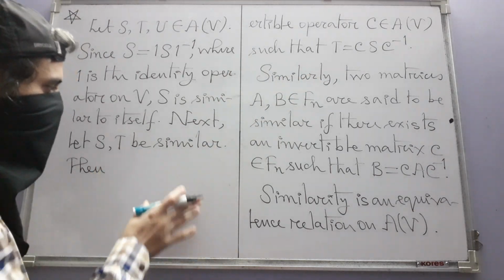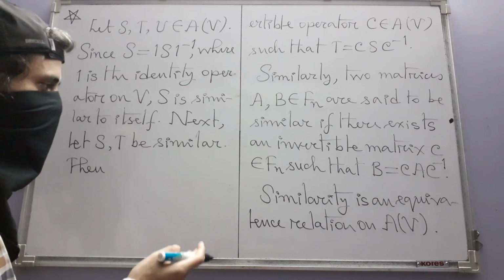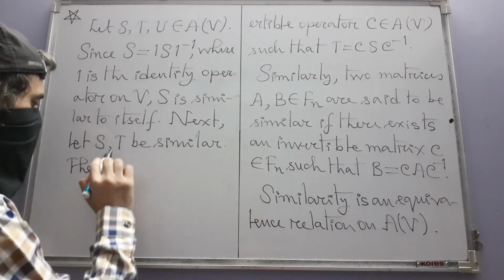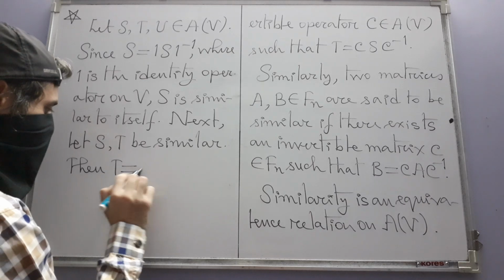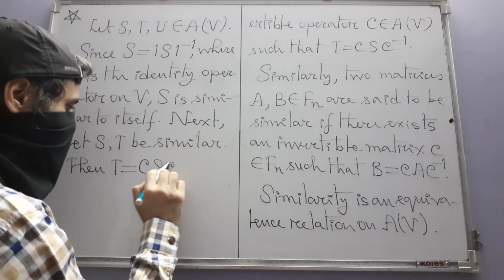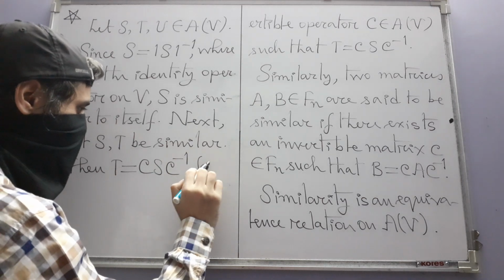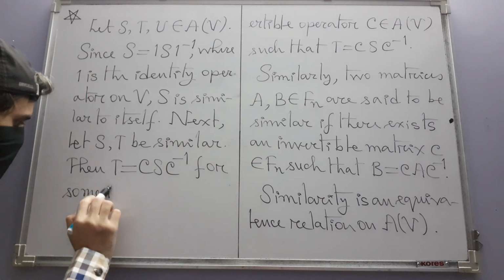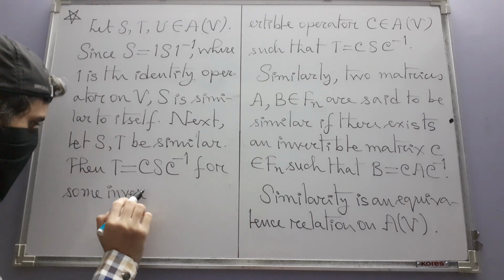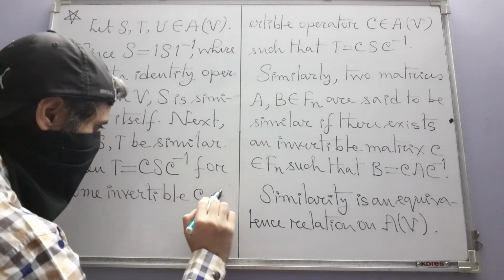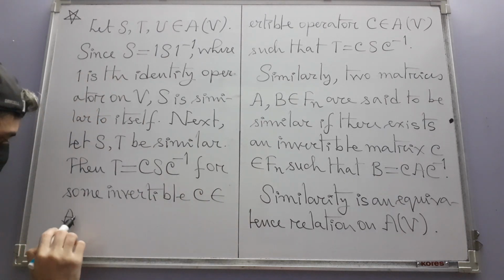And once we prove that the relation is an equivalence relation, then we can use it in any way we want. So that's why I should write T equal to CS C inverse for some invertible element C in the algebra.